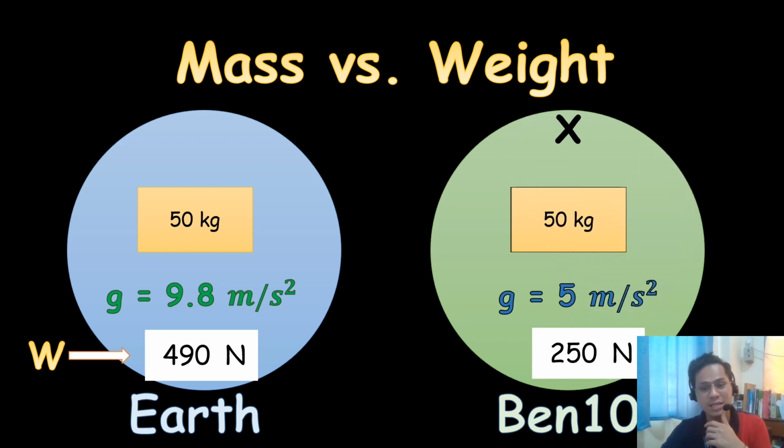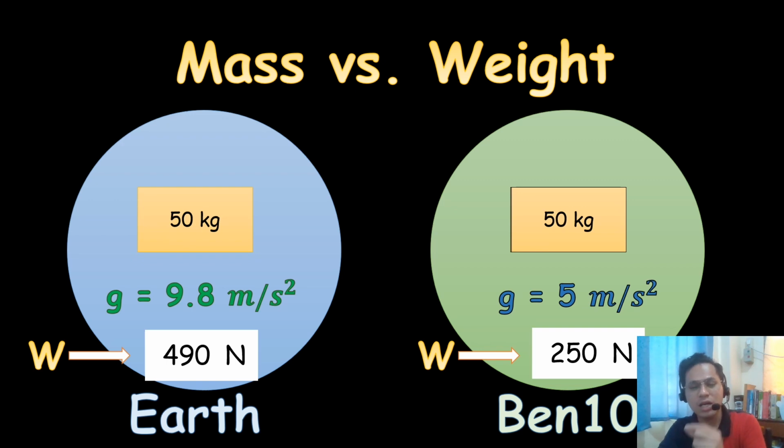So in this case, we have the same mass, the same body, but you have now different weight. Kasi nga, weight is simply the result of the interaction of the gravity to the mass of an object in that particular heavenly body. In this case, we have planet Earth and planet Benton.